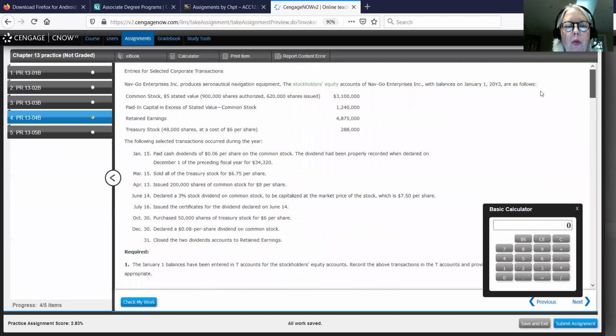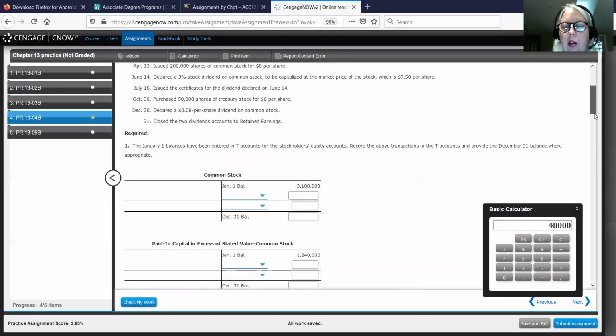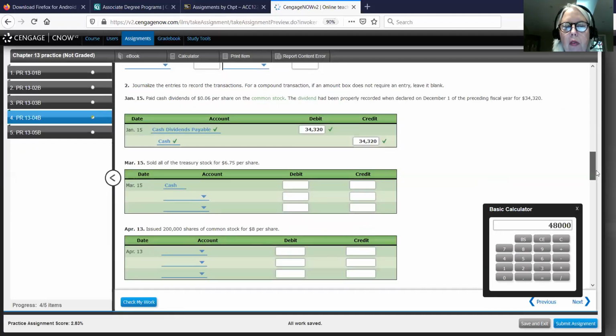Again, you're going to start with your treasury stock shares, which is 48,000. We're going to multiply that by the amount that we sold the treasury stock for, which is $6.75. And that will give you $324,000 as the debit to the cash account.